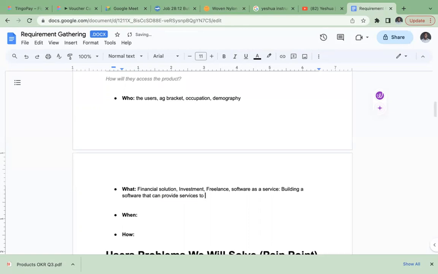B2B. Okay. So you can do a payment gateway. You can even do a cooperative. So building a solution that provides cooperative services to other cooperatives.